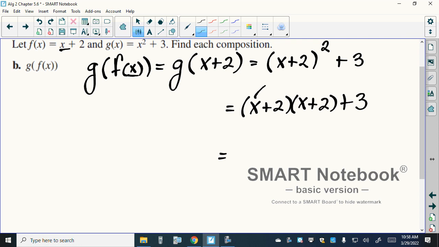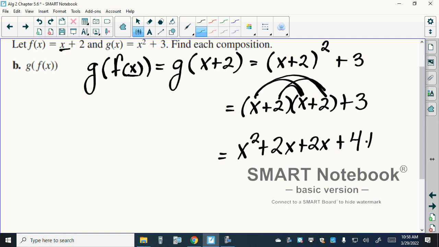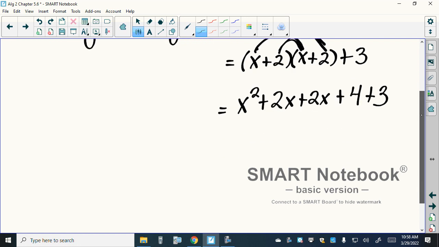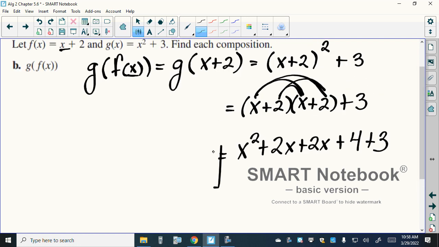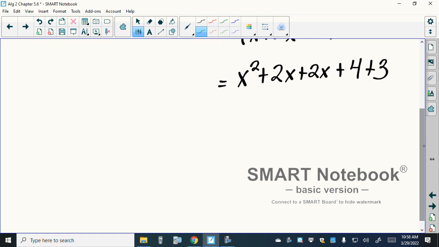Now if we worked it out step by step, distributing, x times x is x squared. X times 2 is going to be plus 2x. 2 times x is going to be plus 2x. And lastly, 2 times 2 is plus 4, plus 3. Now, if you saw that x plus 2 times x plus 2 is x squared plus 4x plus 4, go on and write that.